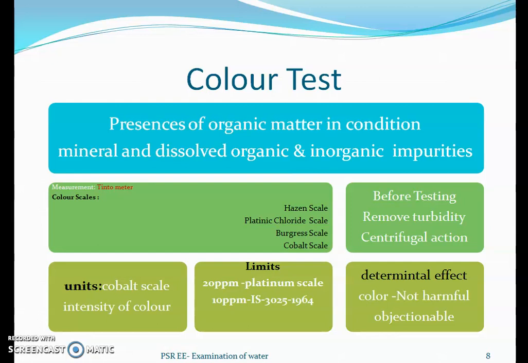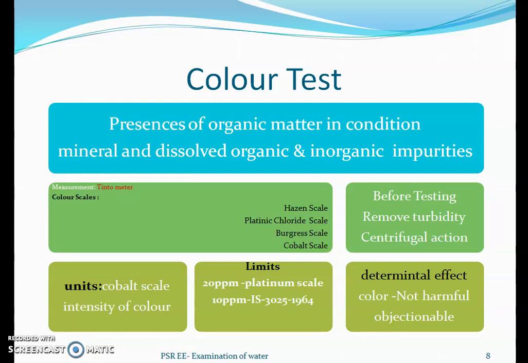In this fashion, by giving centrifugal action to the water, the vortex spills away the organic matter so that the water is free from turbidity. And then we have to do the color test. The color test instrument, already we have, is the tintometer. For this we require some standard water and then the raw water to be tested. That we'll see in the next slide.